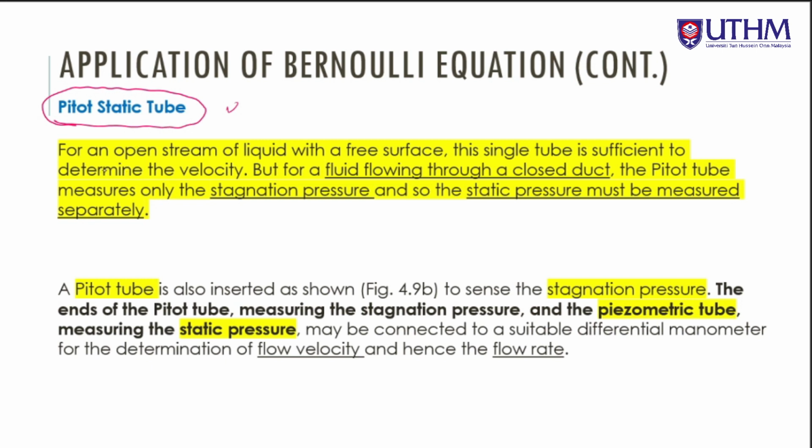So kita baca sikit apa dia cakap kat sini. For an open stream of liquid via free surface, this single tube is sufficient to determine the velocity. Okay, this single tube sahaja so maksudnya this pitot static tube sahaja. But for a fluid flowing through a closed duct, yang ni open stream kalau flowing through a closed duct, the pitot tube measures only the stagnation pressure.